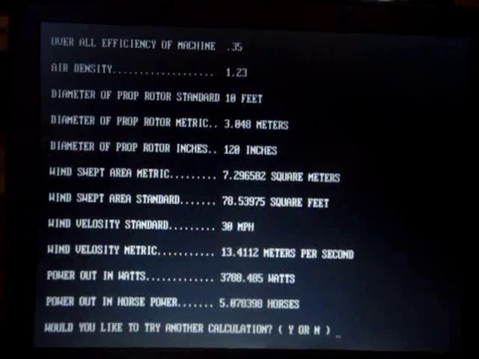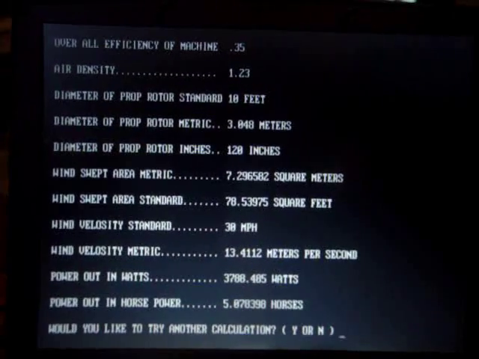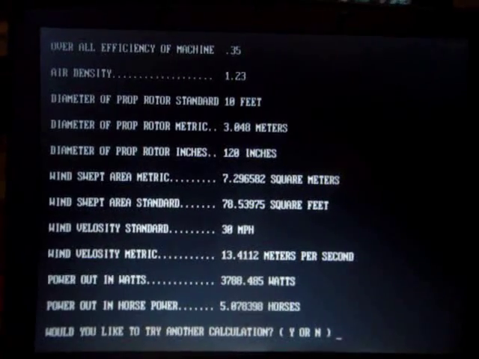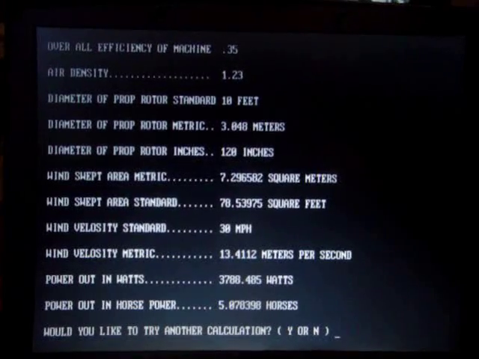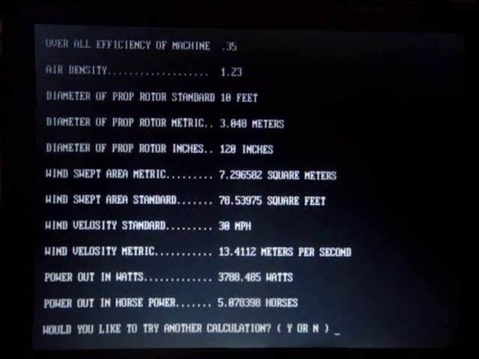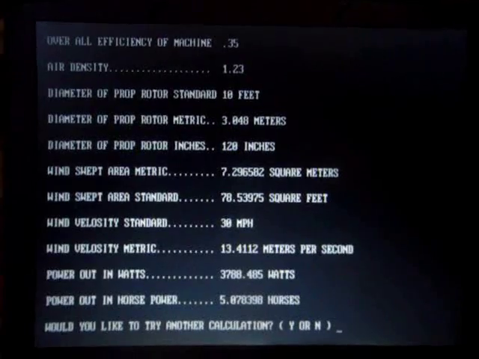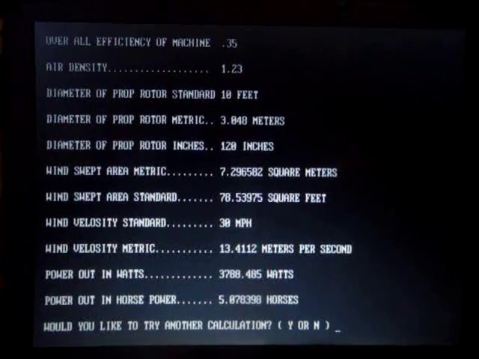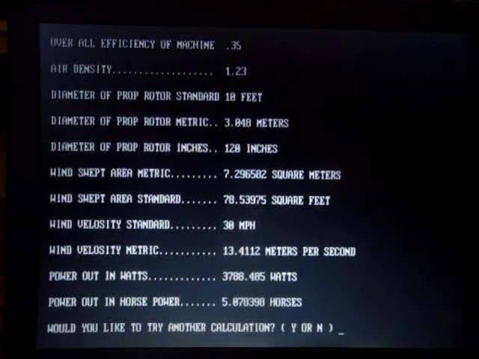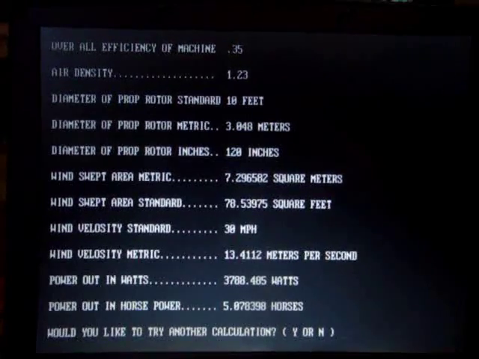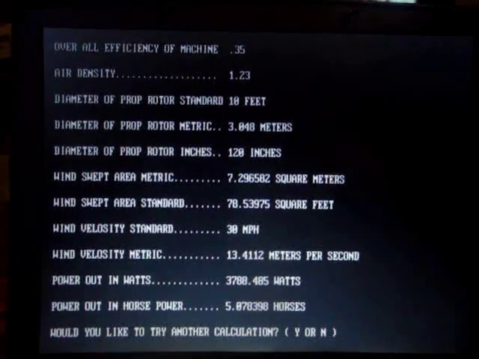A 48-volt system, if your prop is too big, then turn it into a 24-volt system. Anyway, these are some nice readings for you to figure out your expected power in watts. If you're running the same amps and twice the voltage, then you've got twice the power.